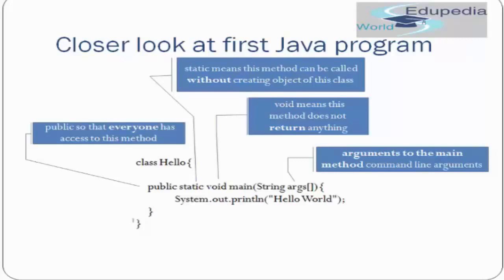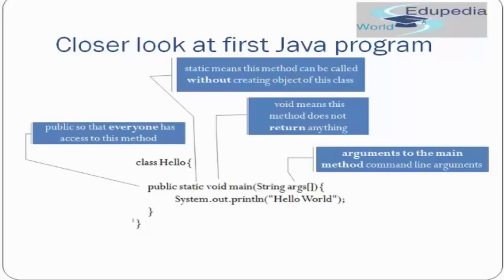So static means that we don't create an object of this class and it can be called as it is. These keywords can be used with any other method also, a user-defined method, whatever you are creating for addition, subtraction, or any other functionality.